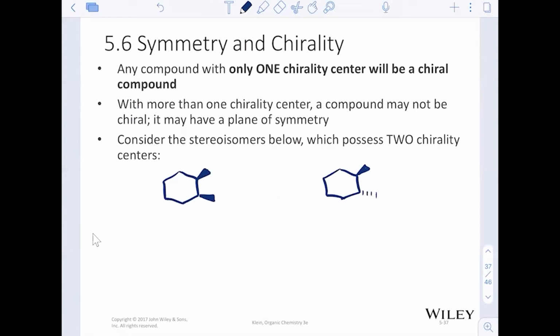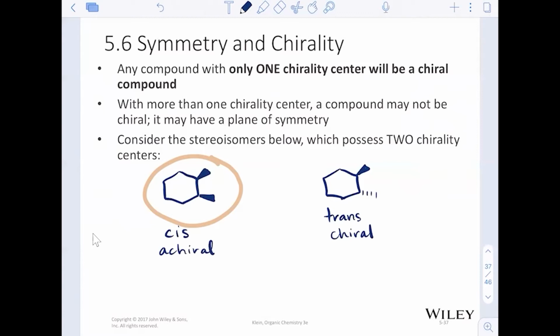They would be diastereomers, but let's look at this compound a little bit more closely. The trans isomer is chiral. It's optically active. This cis isomer is achiral.